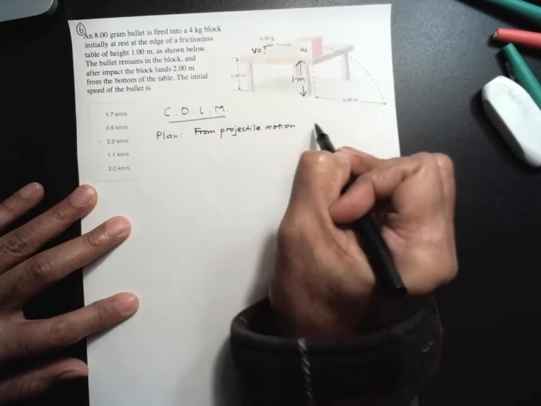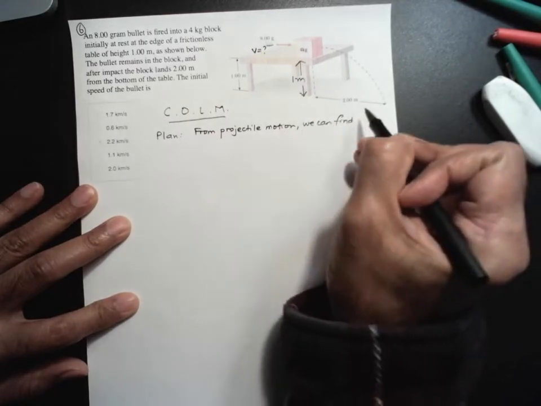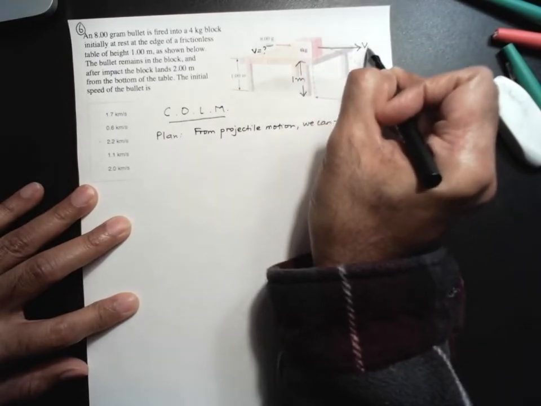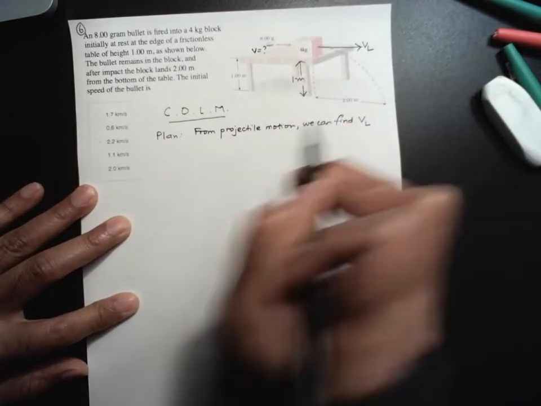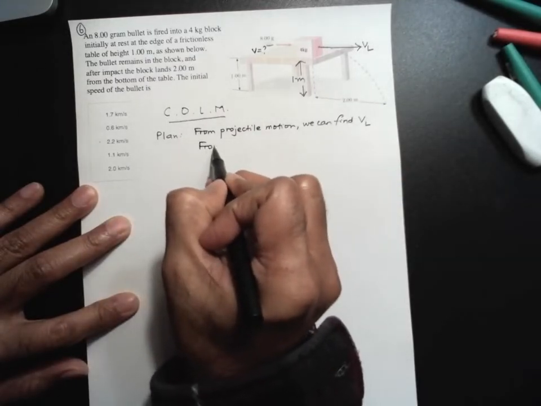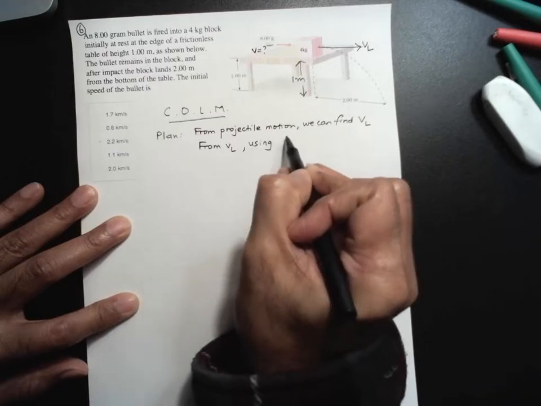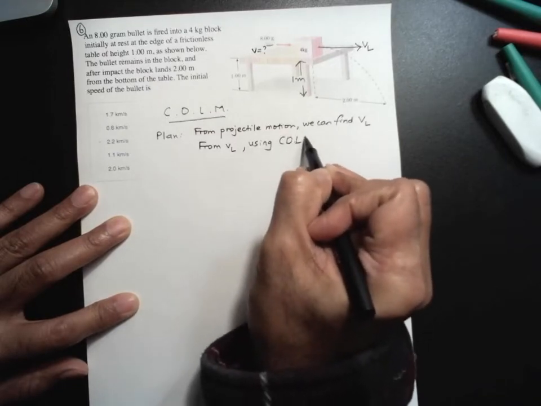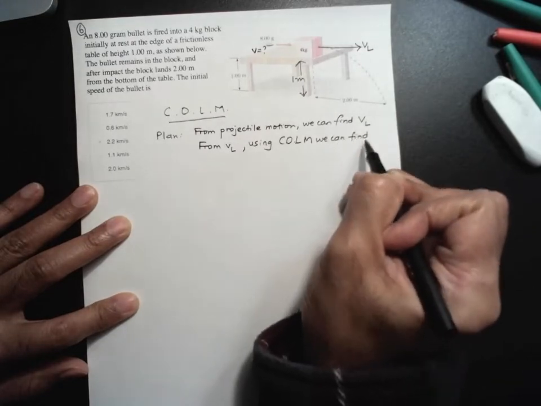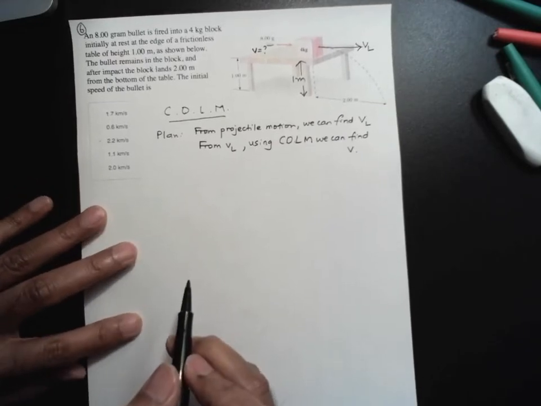From the projectile motion, we can find the launch velocity here. And then from the launch velocity, using the conservation of linear momentum, we can find the initial velocity. Okay, so that's the plan.